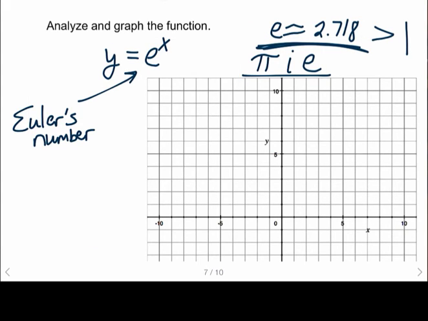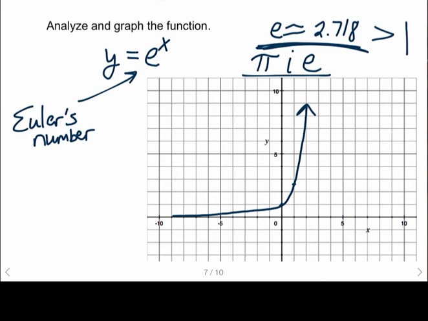I know that when x is 0, then e to the x, e to the 0, is 1. When x is 1, e is going to be about 2.718. We're looking at e to the 1, e to the first power. And this is basically what I need, because I know that the shape is going to be asymptotic with the x-axis and then exhibit exponential growth.